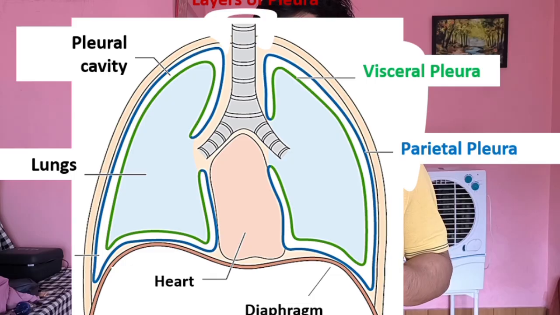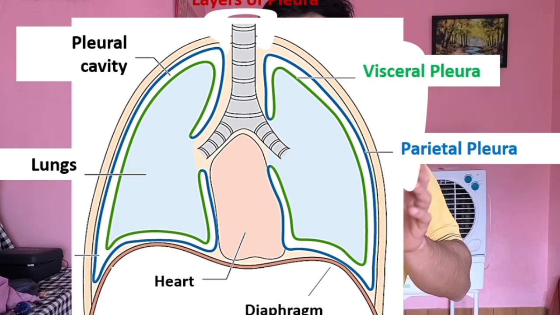The visceral layer is the inner layer of pleura, and it is completely adhered to the lungs and completely covers the lungs. So the visceral layer of pleura is the inner layer of pleura, completely adhered to the lungs and completely covering them. This is the main definition of visceral pleura.